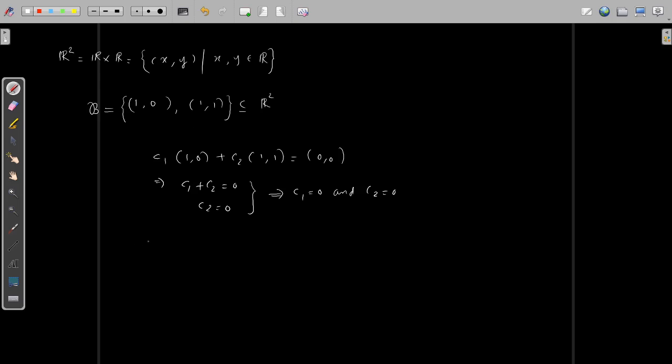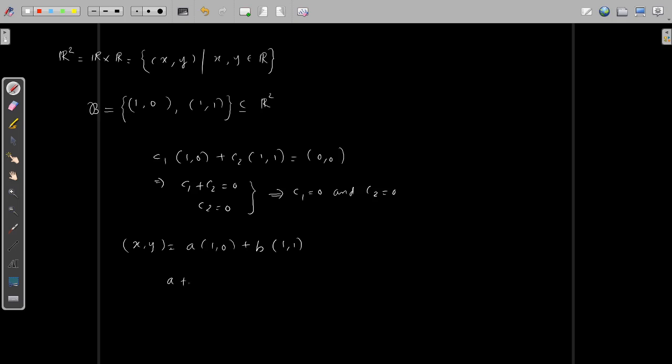Now, if you choose any (x, y), that can be written as some a times (1, 0) and b times (1, 1). So you can easily find this a and b in terms of x, y.